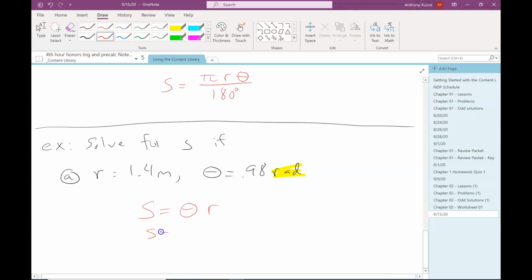And so now all I need to do is plug things in. If you type that into your calculator, I have 1.372 meters. How did I know the unit was in meters? Because my radius was also in meters. So the unit should match.